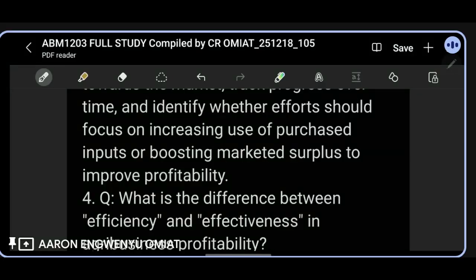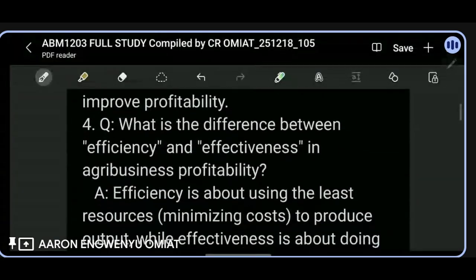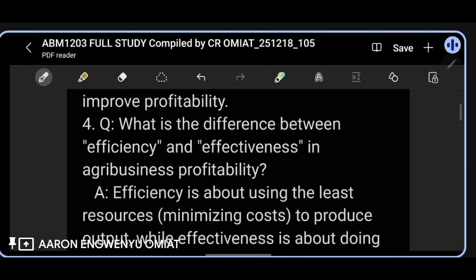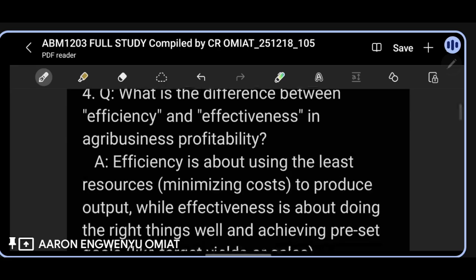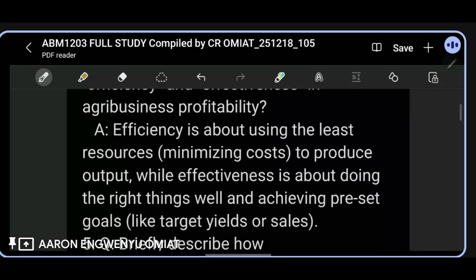Okay, very good. Efficiency is about the least resources, minimizing costs to produce output, while effectiveness is about doing the right things well and achieving preset goals like target yields or sales.